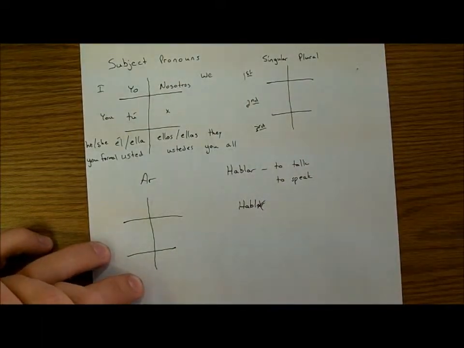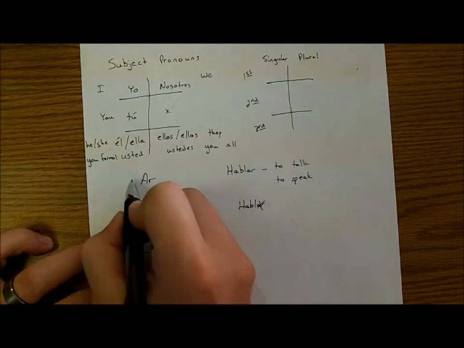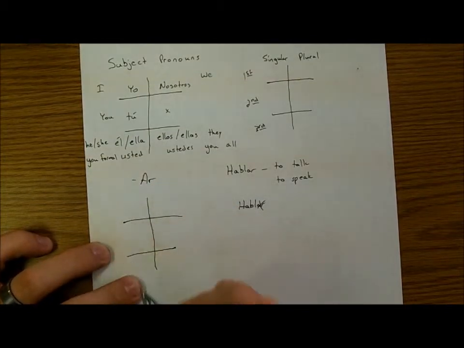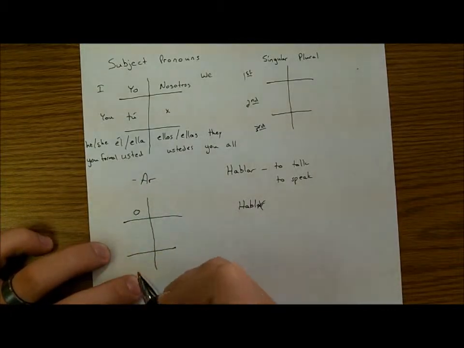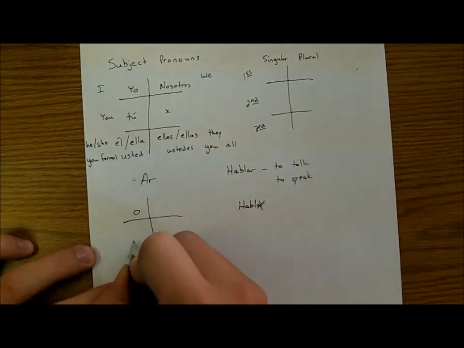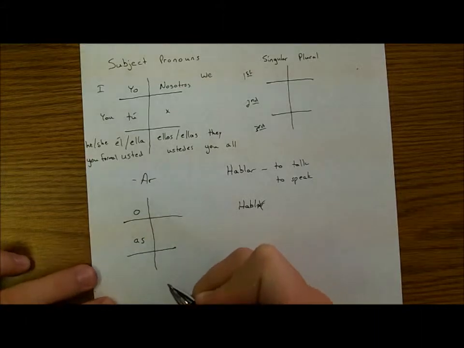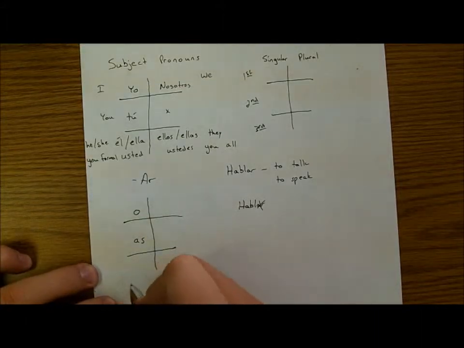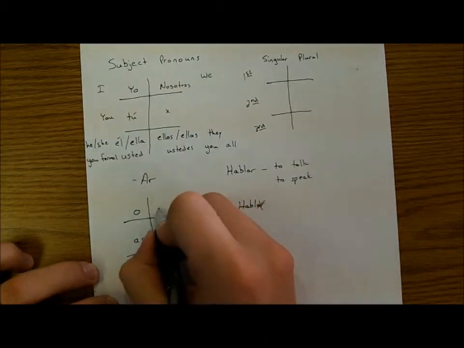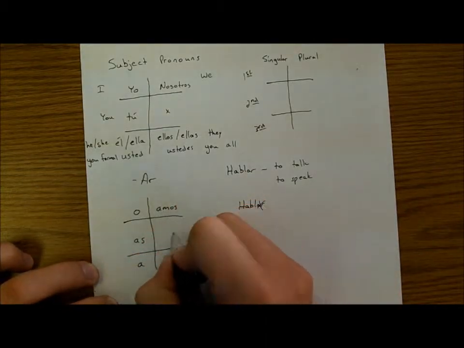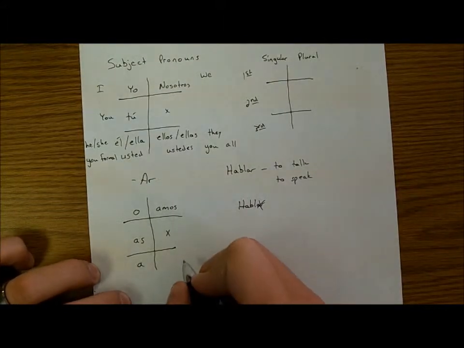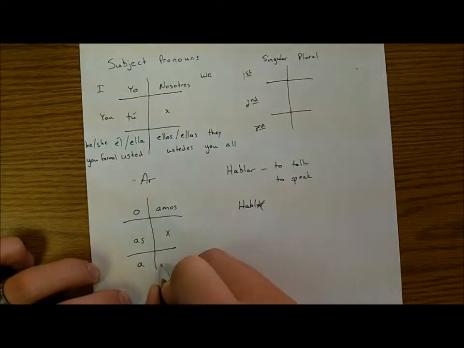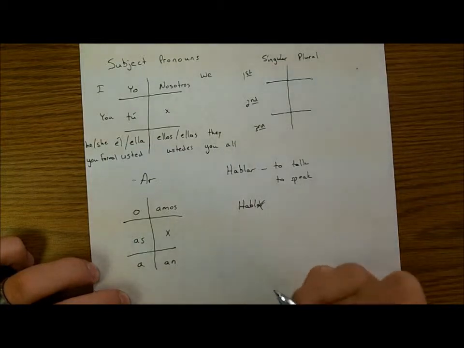And then you're going to replace it with one of our endings that we're going to put on the left-hand side here. For the yo form, you'll put an O. For the tú form, you'll put an AS. For the he or she form, and usted, you'll put an A. For the nosotros, we'll put an amos. We won't do the vosotros at this point in time. And for the ellos or ellas or the ustedes, you put an AN.